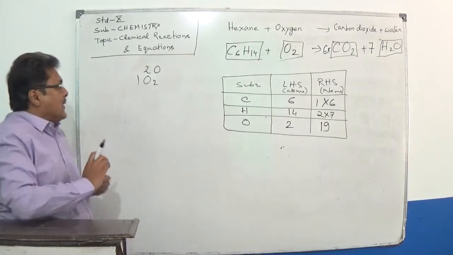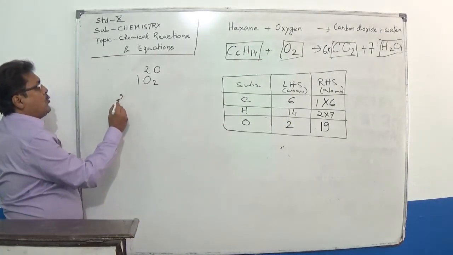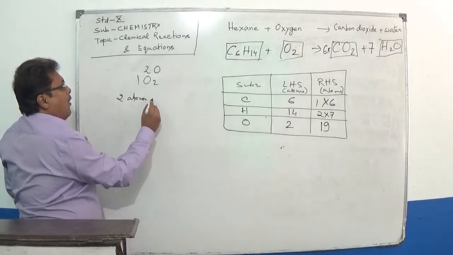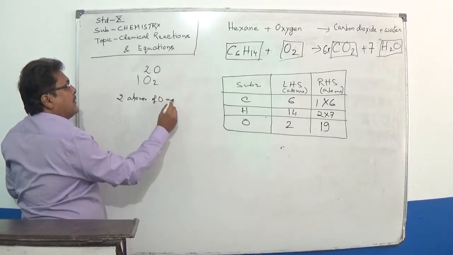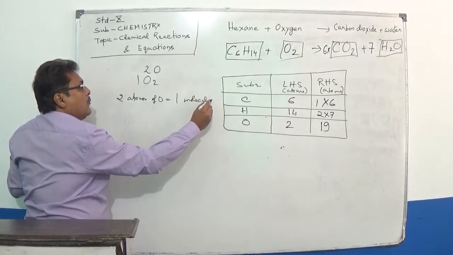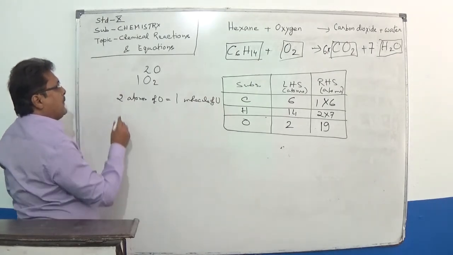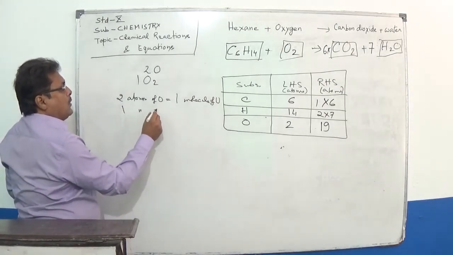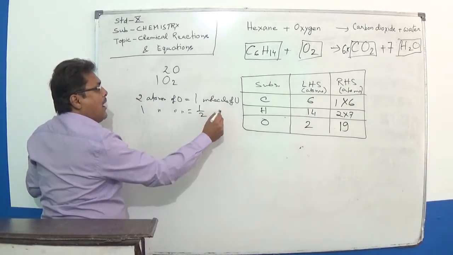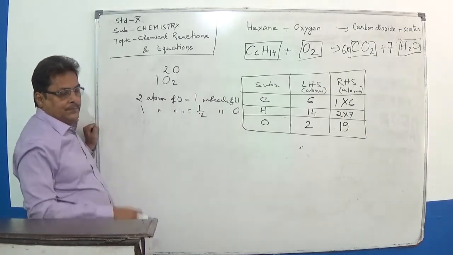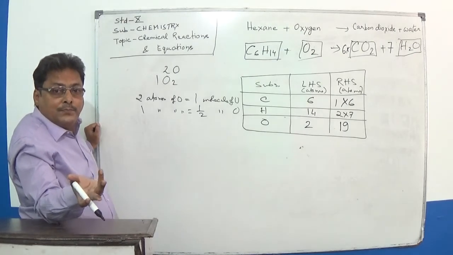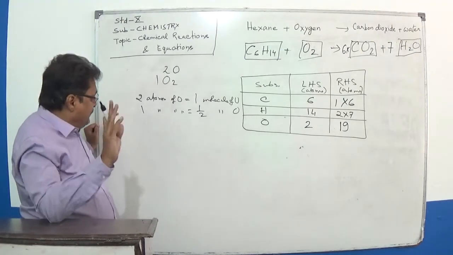You see, if 2 atoms of oxygen equal 1 molecule of oxygen, so 1 atom of oxygen equals half molecule of oxygen. That cannot be. How can there be a half molecule? Half atom. That is not possible.